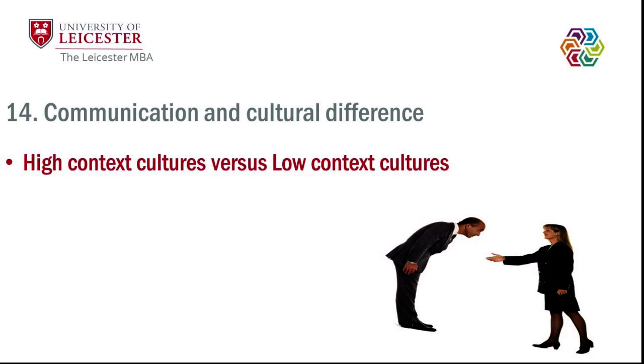So a key distinction here is between high and low context cultures. We can use this to try to understand some of the different tendencies between cultural groups. Now, we need to be cautious about stereotyping in making these assessments.